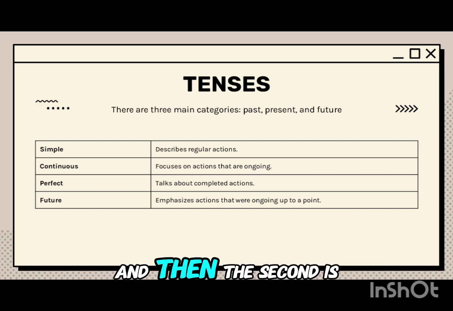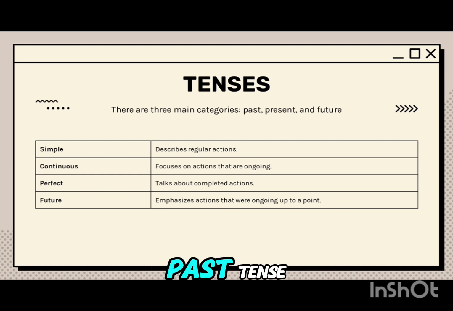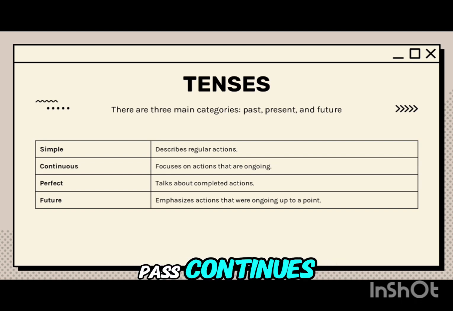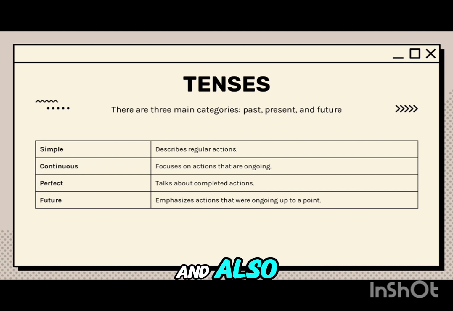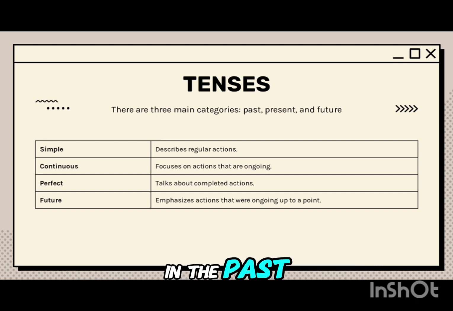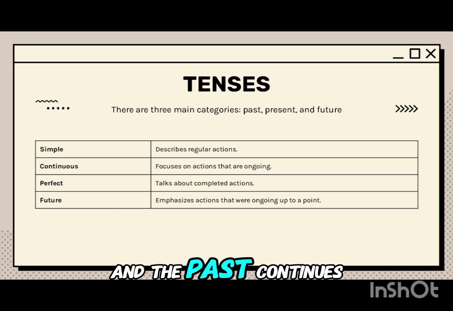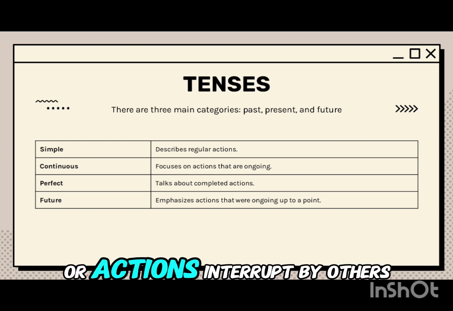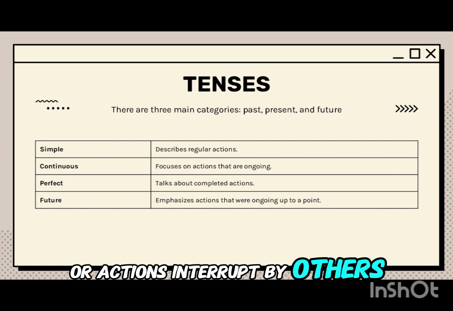The second is past tense, which includes simple past and past continuous. Simple past describes actions completed in the past, and the past continuous describes ongoing actions in the past or actions interrupted by others.